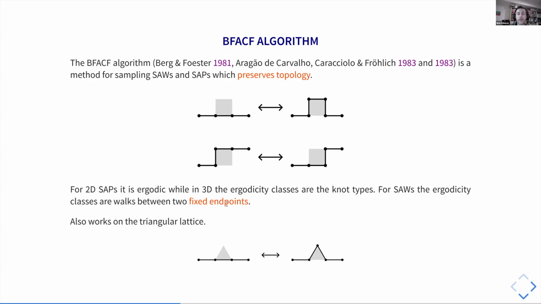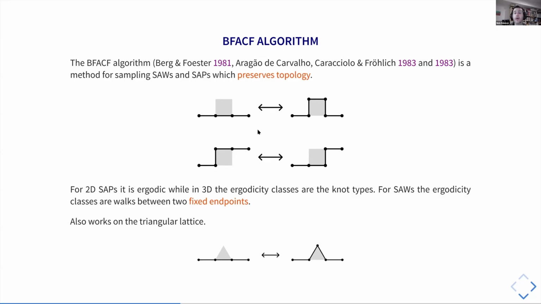So now it's known that in 2 dimensions, for self-avoiding polygons, this algorithm is ergodic, which is to say that I can get from any polygon to any other polygon via a sequence of these moves. In 3 dimensions, that's not true because these things preserve topology.